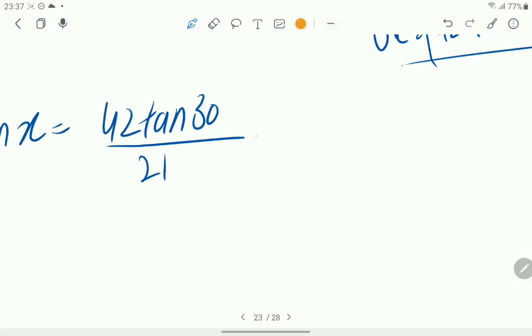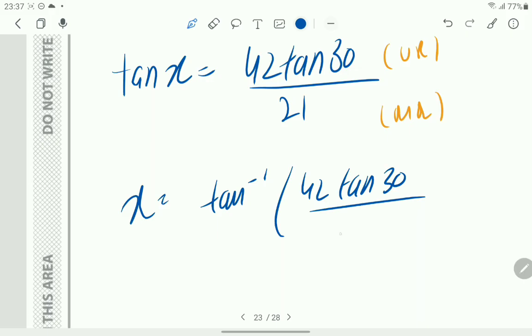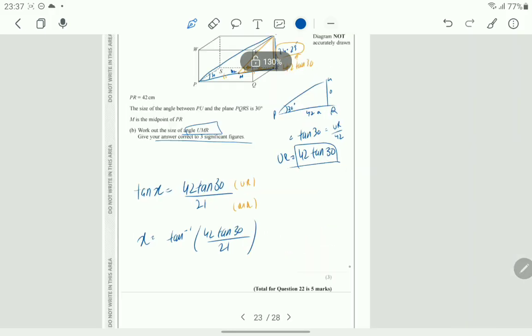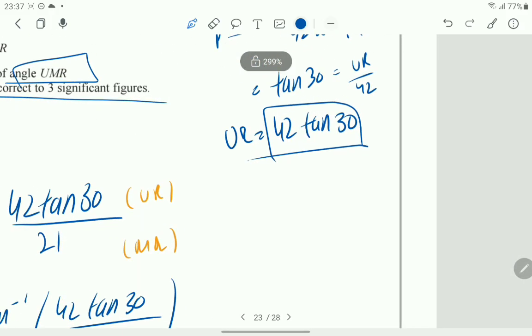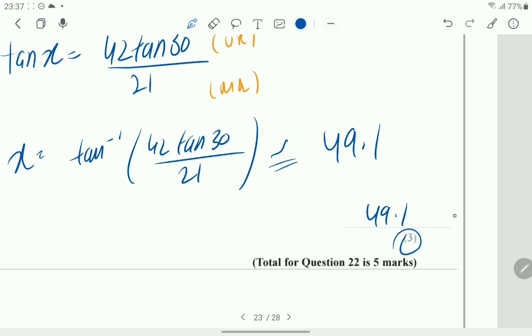For your clarity, I will label this UR and this is MR. And so solving this for maximum accuracy, the answer is supposed to be correct to three significant figures, which would give us 49.1, and this is your final answer. Moving on.